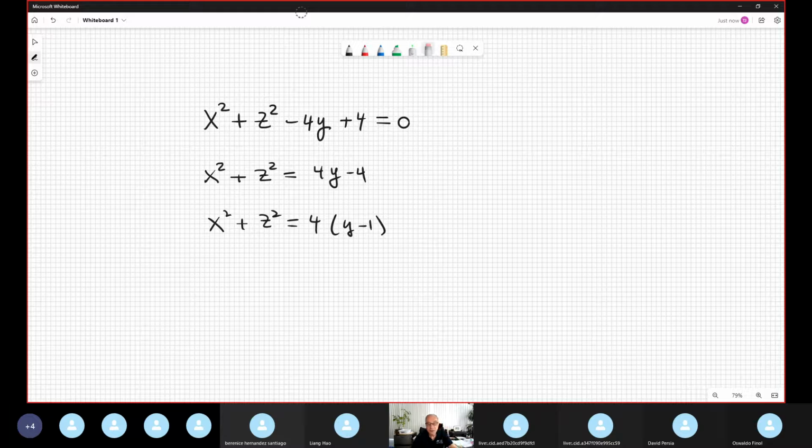Entonces now, the vertex, which is the important thing, the vertex of this paraboloid, which by the way is elliptical.